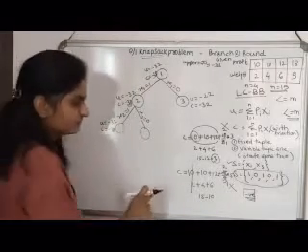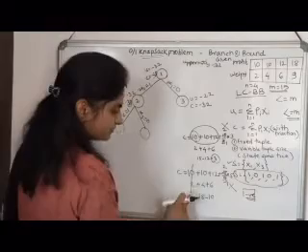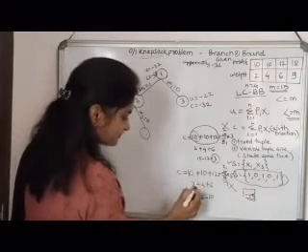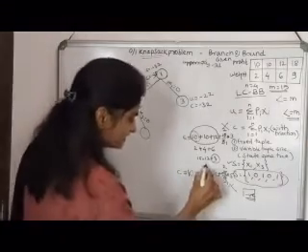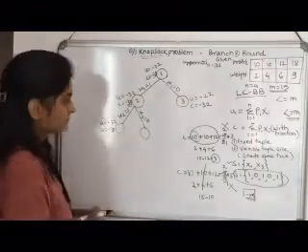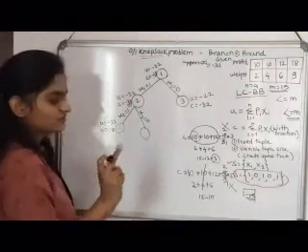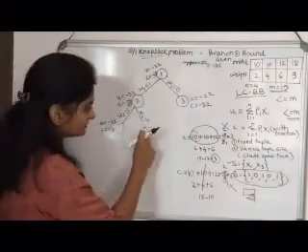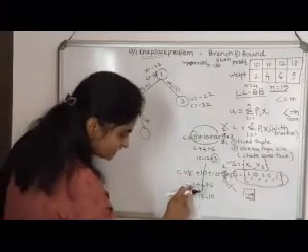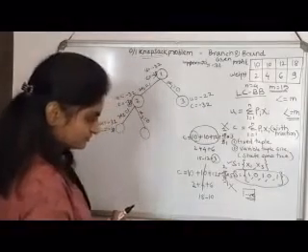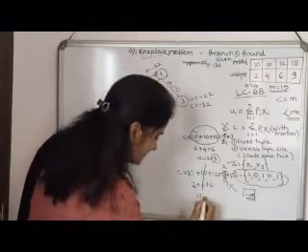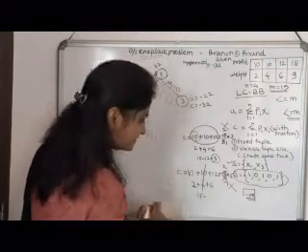Then in this part, how to calculate the cost? The second object is not included. The first object is included here, second not. Then 15 minus 2 plus 6.